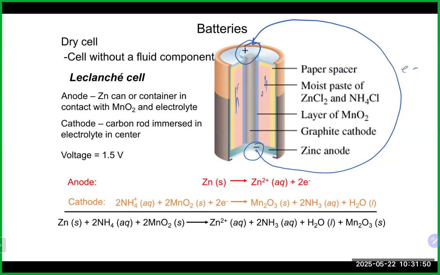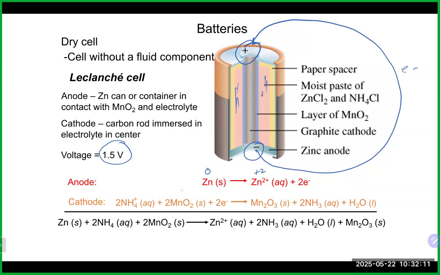This type of battery will give you basically a voltage of 1.5 volts, regardless of what size it is. We got D batteries or triple A's or double A's. But what we have here is our zinc going from 0 to +2, getting oxidized here.